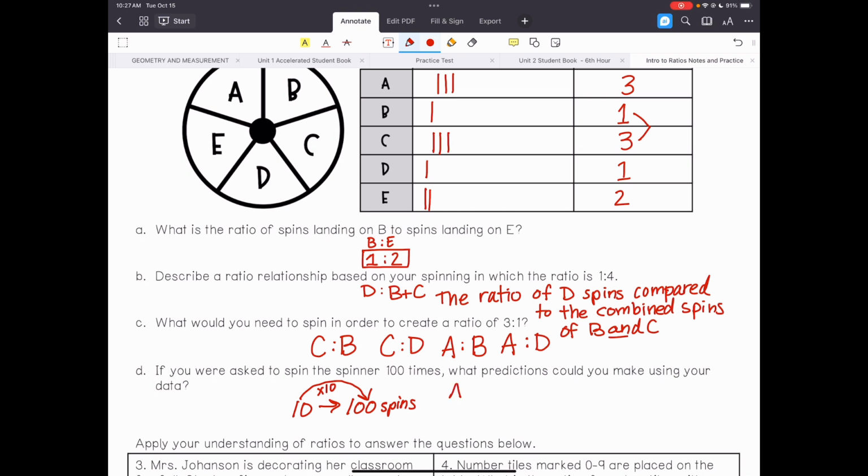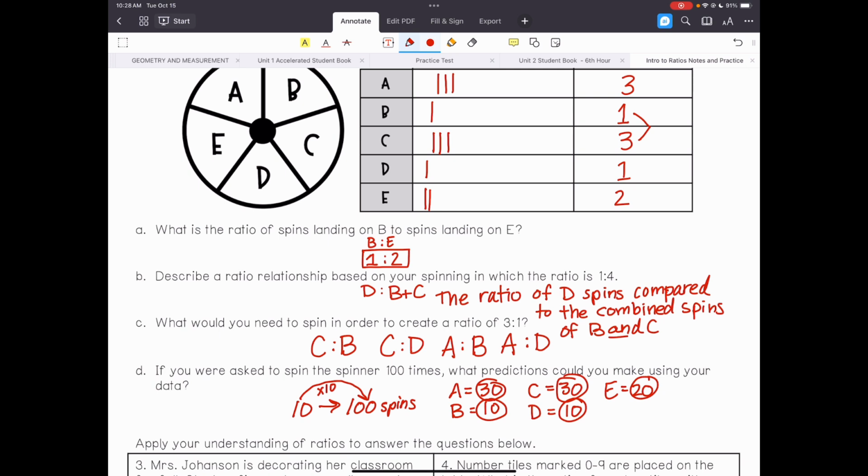So A would be 30, B would be 10, C would be 30, D would be 10, and E would be 20. And if we add all that up, 30 and 20 make 50, 60, 70, plus the 30 makes a total of 100 spins.